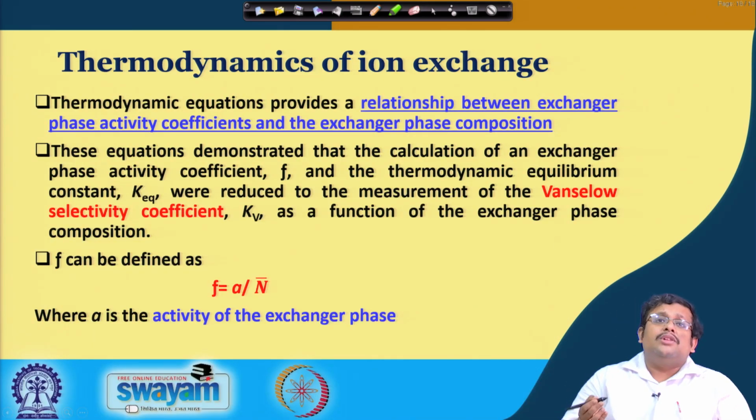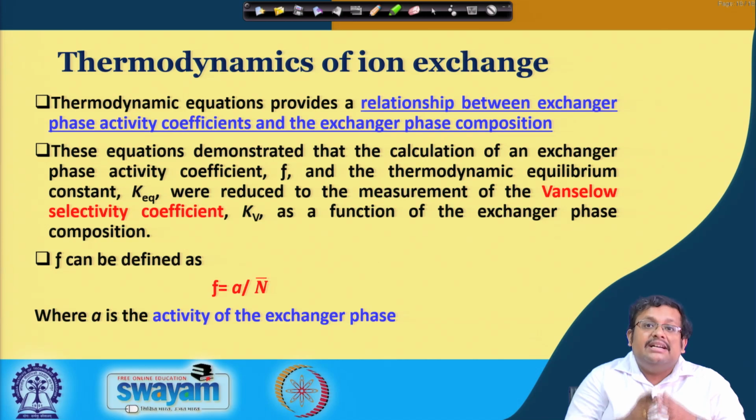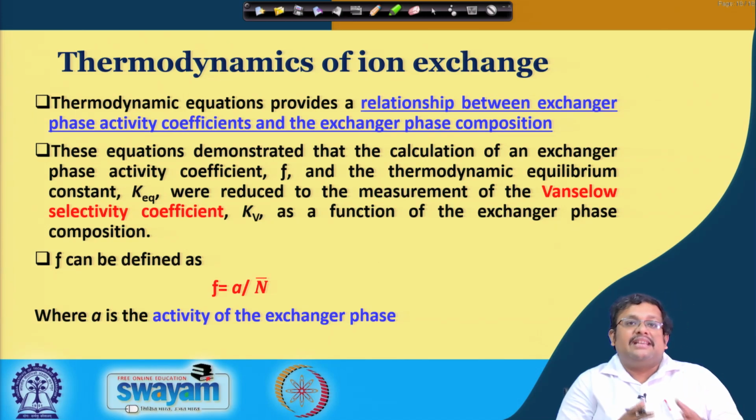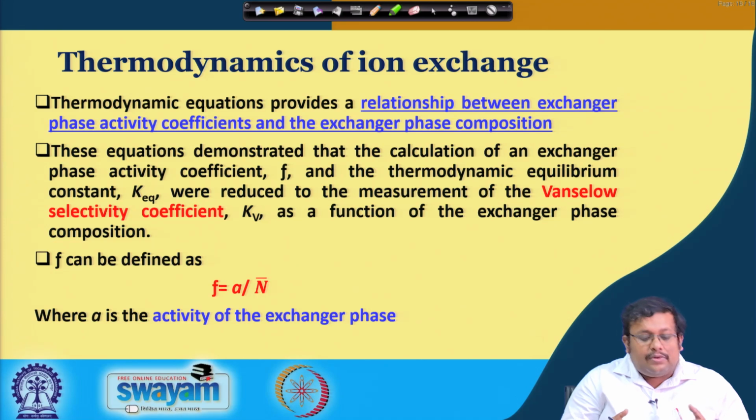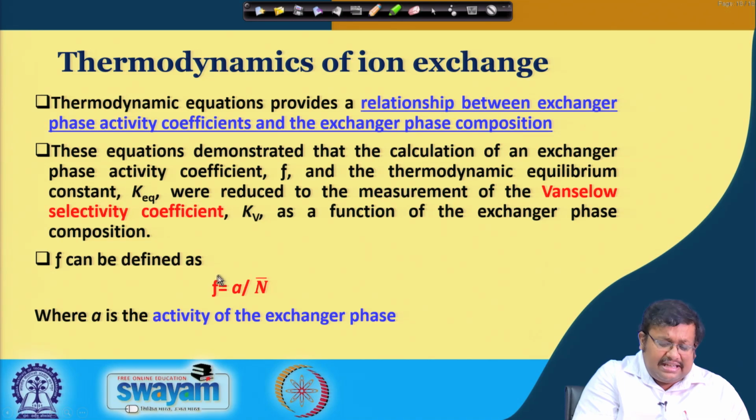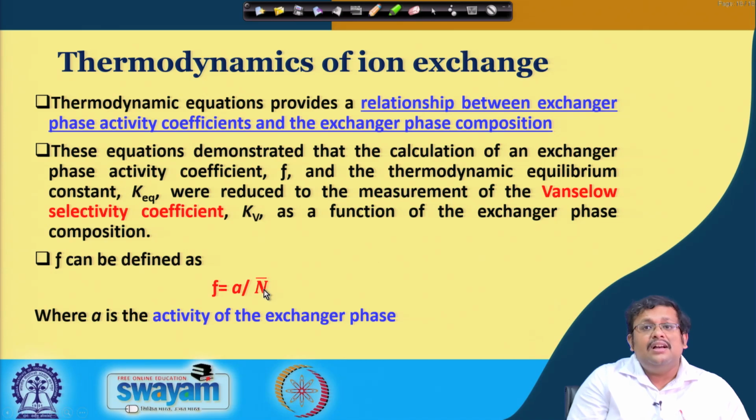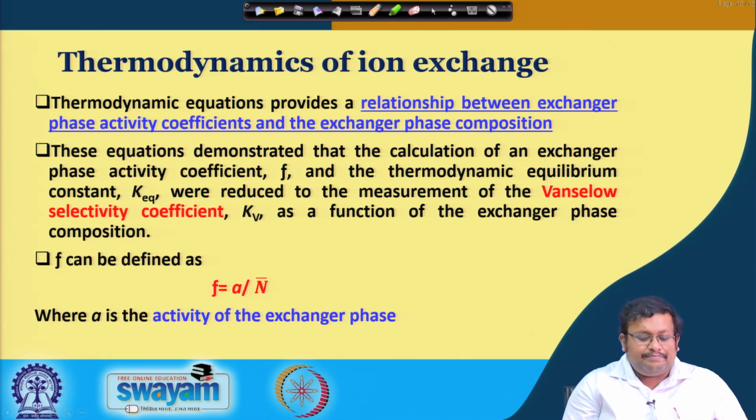Thermodynamics of ion exchange. The thermodynamic equation also provides a relationship between the exchanger phase activity coefficient and exchanger phase composition, and these equations basically demonstrate the calculation of an exchanger phase activity coefficient. We already know that the exchanger phase activity coefficient is basically a ratio, where A is the activity in the exchanger phase and N is the mole fraction.